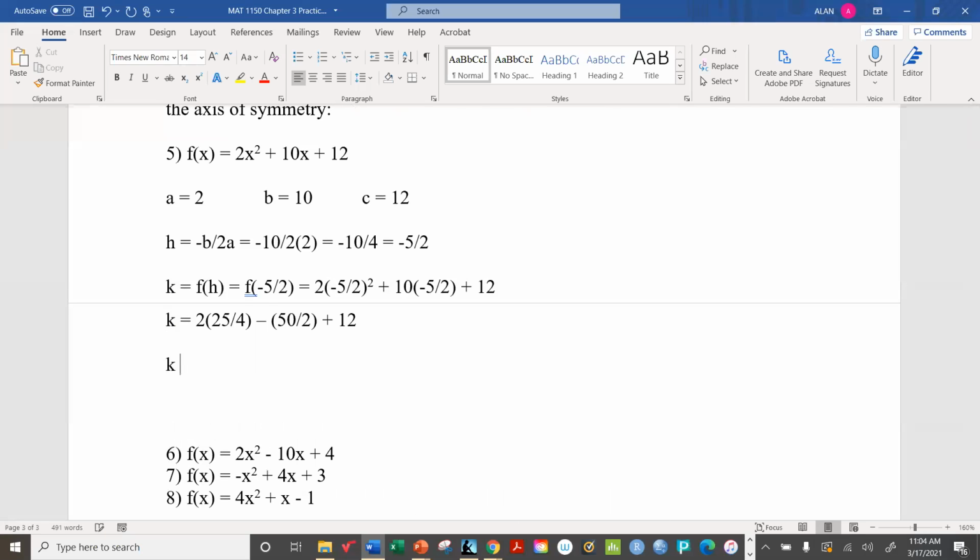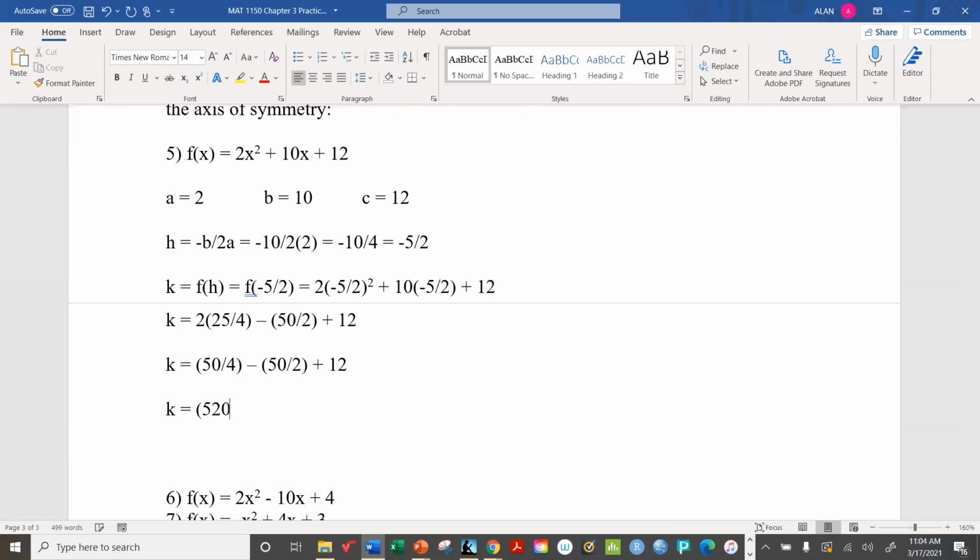All right, let's clean this up a little. 50 fourths minus 50 halves plus 12. Now, what I recommend here is that we convert everything into fourths to have a common denominator. So that's minus 2 fourths or minus a half.